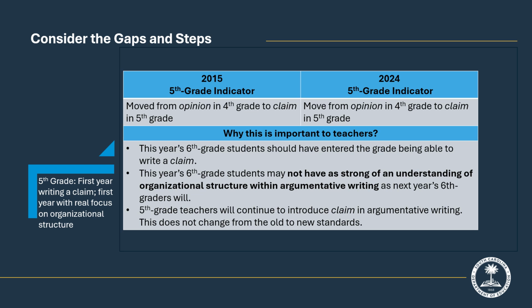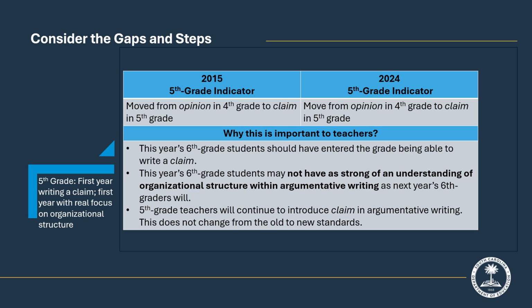In 2015, the communication indicator moved from opinion in 4th grade to claim in 5th grade. That continues in the 2024 ELA standards. Why is this important to teachers? This year's 6th grade students should have entered the grade being able to write a claim.